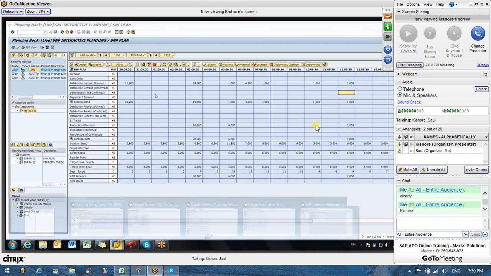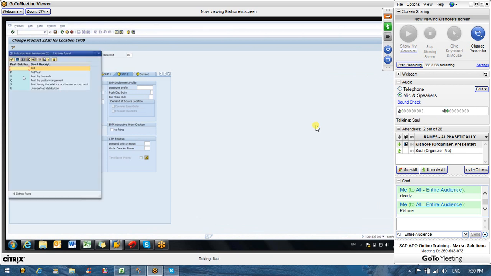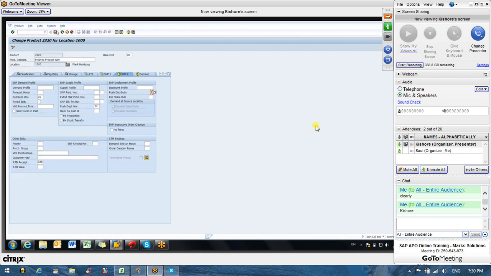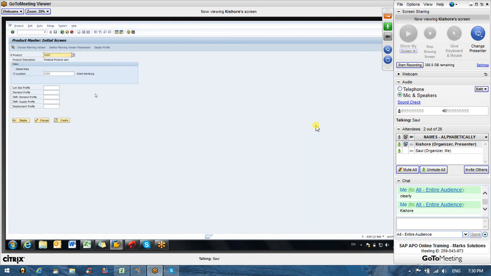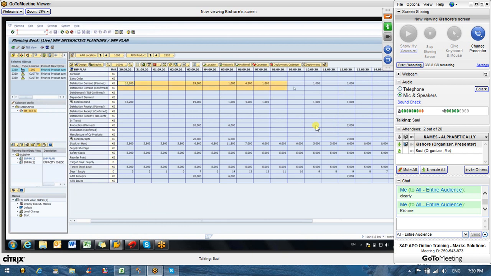I'll maintain this as P, and it will try to confirm 20 days of demand. It is somewhere here, 30th or 15th something. It will try to confirm all of them.